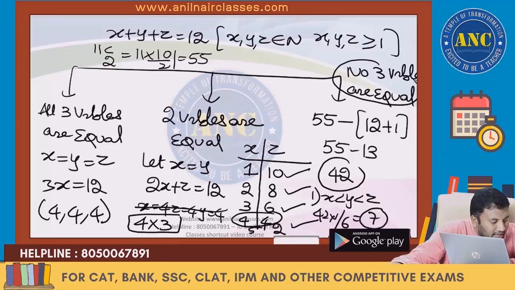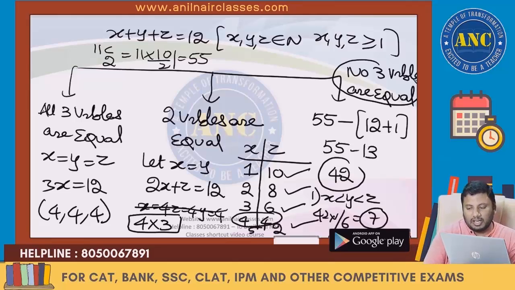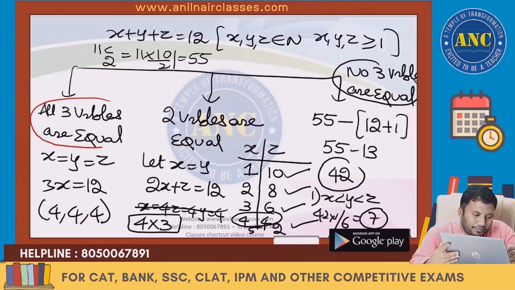Is this idea clear to you? All 3 variables are equal, 2 variables are equal, and no 3 variables are equal. Kindly reply in the live chat in case it is clear to you.